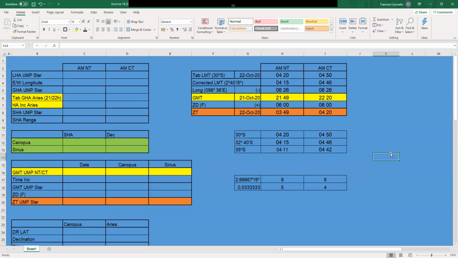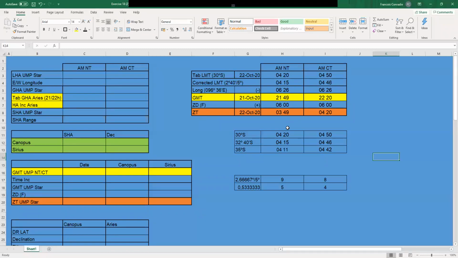Right, so now we know that for the next morning, the morning of the 22nd, on board, the ship is keeping zone time. You could put ST for ship time, or local time, zone time, whatever. In this case, it's zone time, and this will be the ship's time.